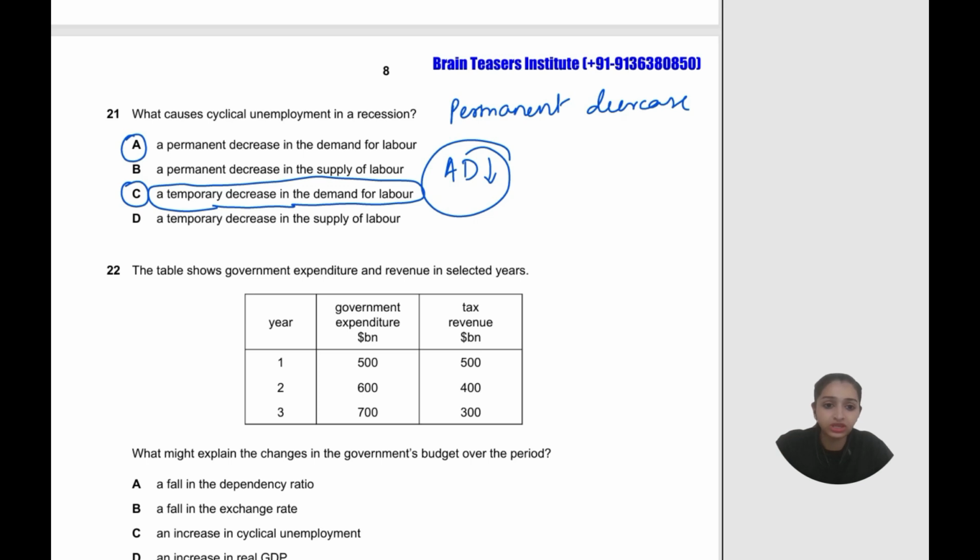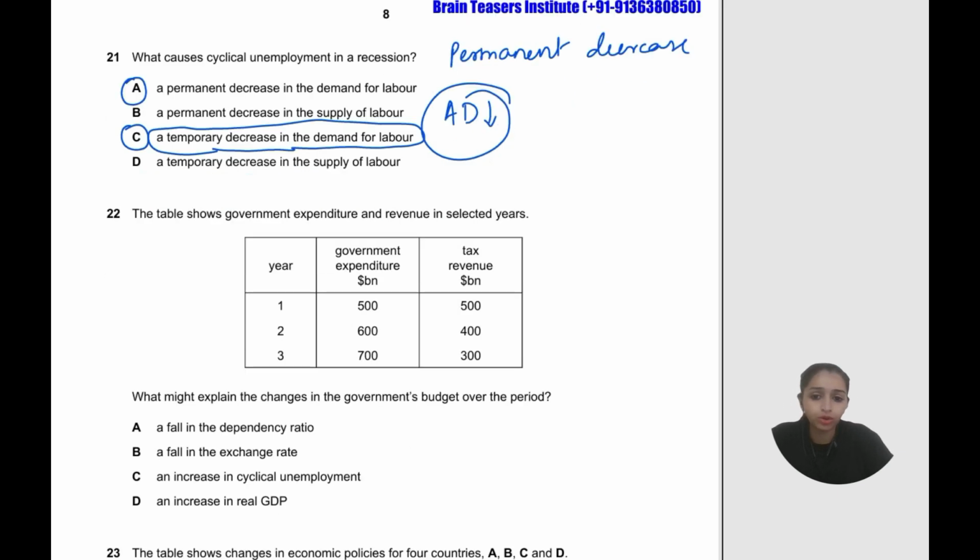So they were permanently unemployed, as these textile industries no longer needed them. There's a permanent decrease here. So you have to understand that a permanent decrease always results from structural unemployment, whereas a temporary decrease in demand for labor is due to cyclical unemployment in the recession. It's only temporary and not permanent.